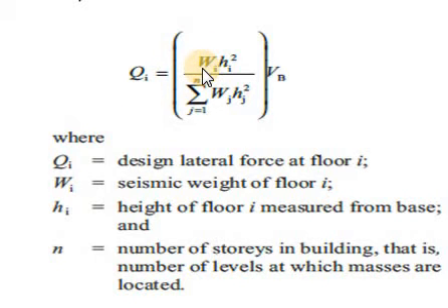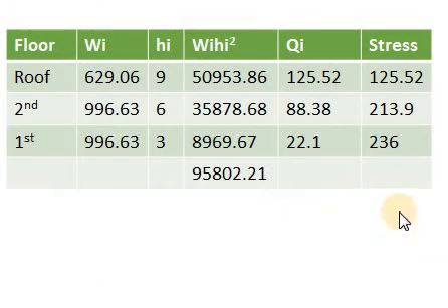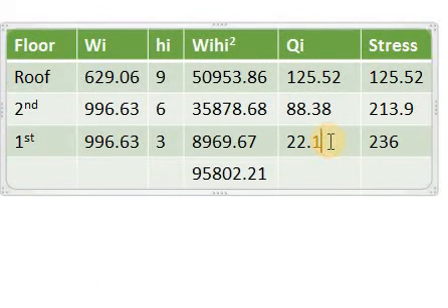We multiply Wh square of the first floor and divide it by the summation of all the floors, then multiply it by the base shear, then we will get this value. Similarly, we will solve it for the second floor and the roof as well.